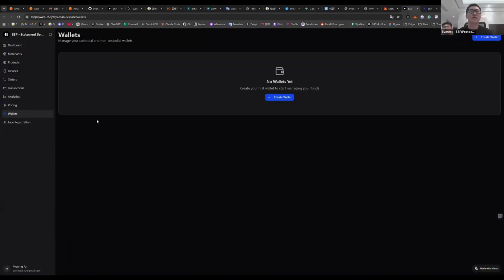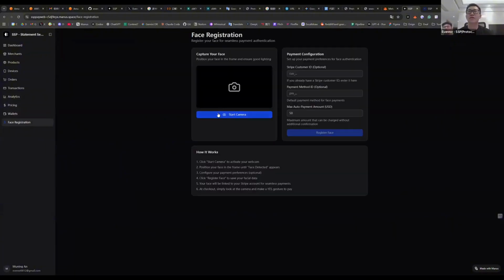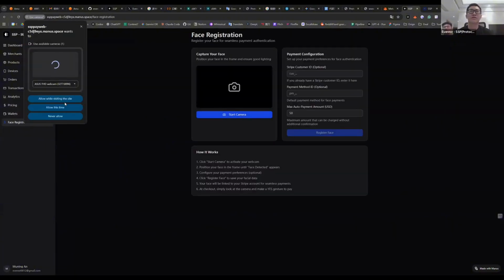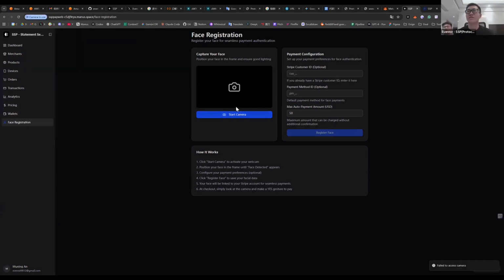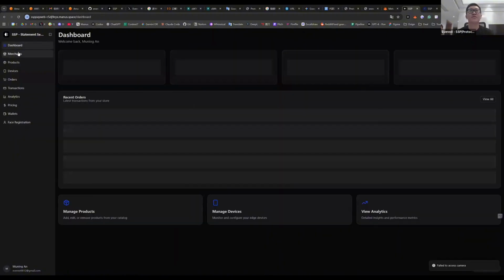So it is really easy to help users use the crypto wallet. For example, I can start my camera. This is for traditional users. I can connect with my camera. And this is automatic payment with Tether, which has a limit. And for example, in the dashboard, I can review my payment.